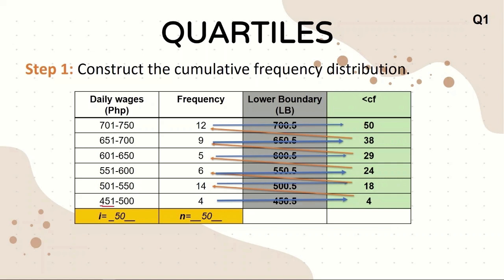The lower limit for the first class is 451, right? And the lower class limit for the second class is 501. So 501 minus 451, our class interval is 50. And for the total frequency, we only have to add the frequencies, 12 plus 9 plus 5 plus 6 plus 14 plus 4. So n is equal to 50.